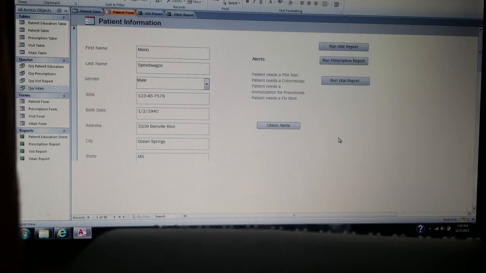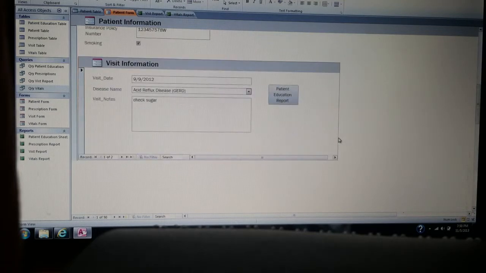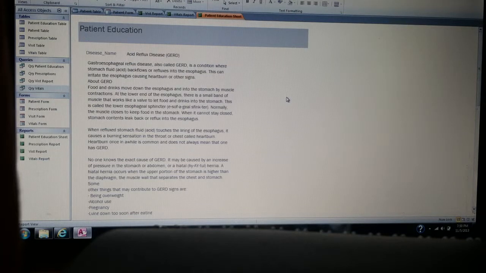We can also scroll down here on our forms. It goes down here to our visit information. Since when he came in, he had acid reflux. What we can do over here in our next functionality, we can go over here and click Patient Education Report. This is going to bring us to the patient education sheet, and it gives the diagnosis name, which is acid reflux GERD.